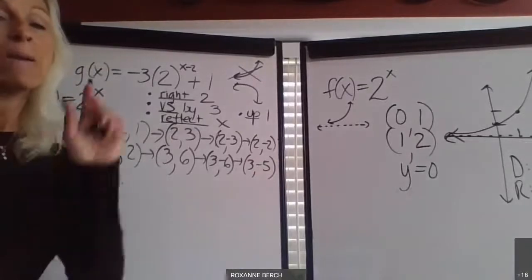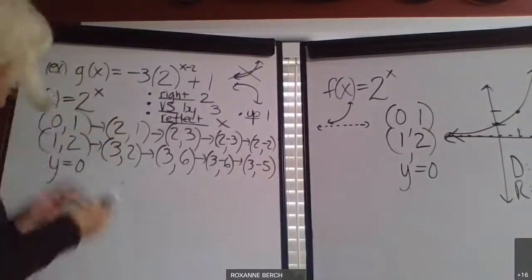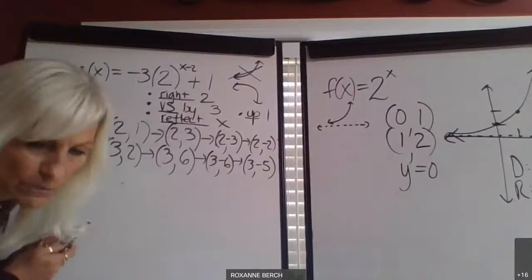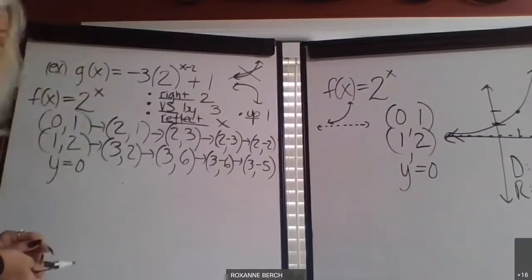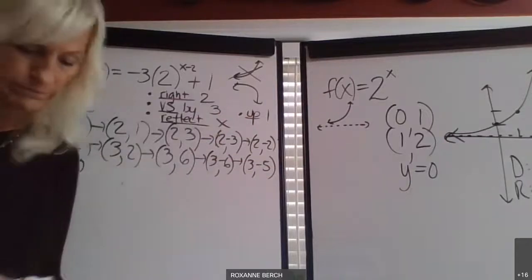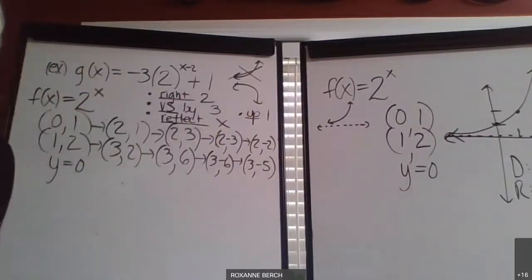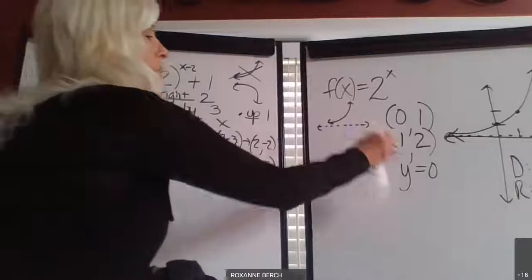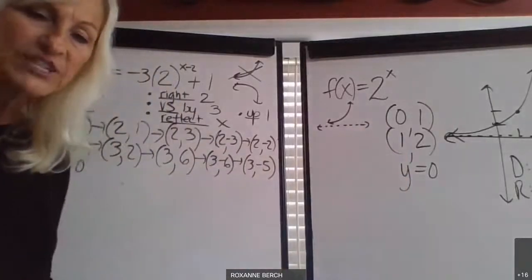And now we're ready to graph. Hold on though. Did our horizontal asymptote change? Who moves a horizontal asymptote? Is it A, B, H, or K?